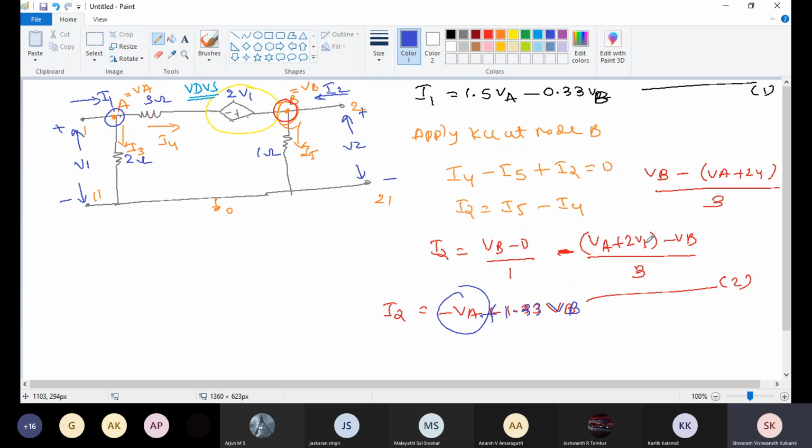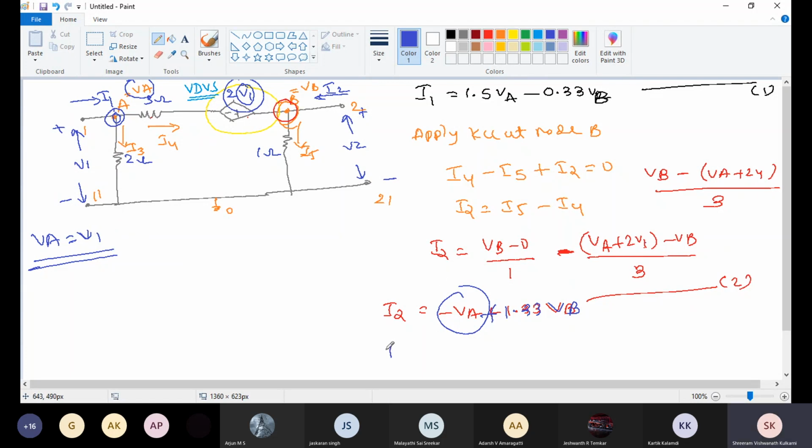Here, this V1 is the voltage source, and it depends upon this node voltage. Here the notation I have marked is wrong. Correct only: VA is equal to V1.